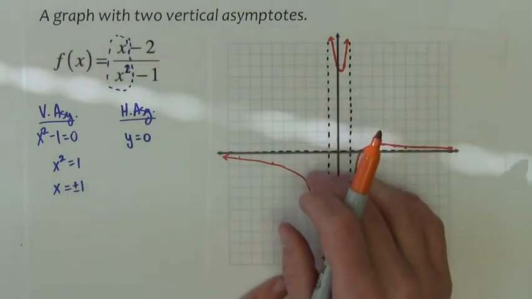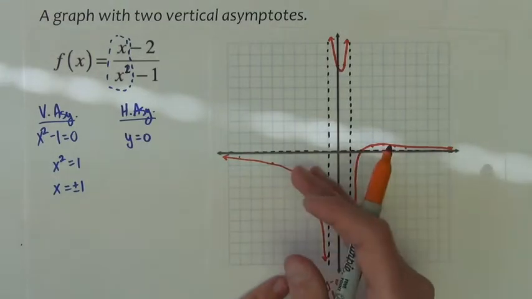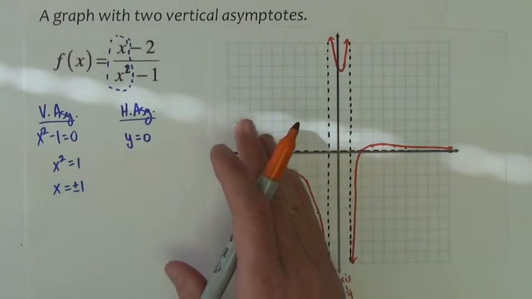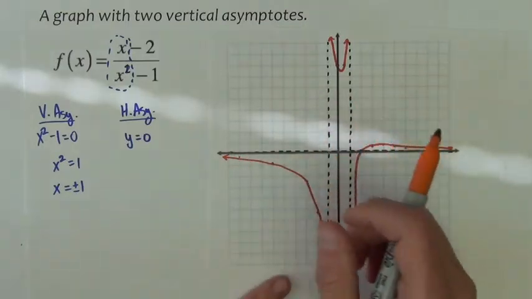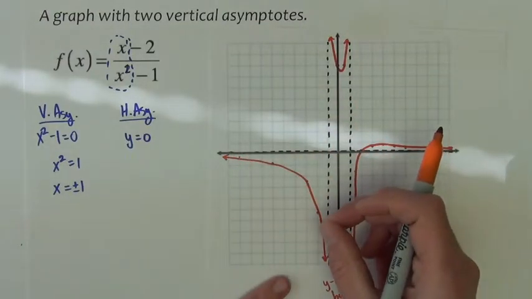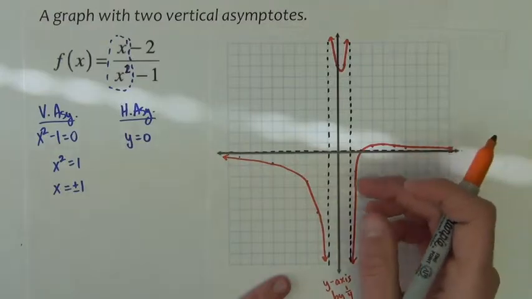Not your easiest graph to do with two asymptotes. On the homework, I'll make sure that we spread the asymptotes out a little bit so that we can get a few more points to plot between them, a little bit easier to do maybe.